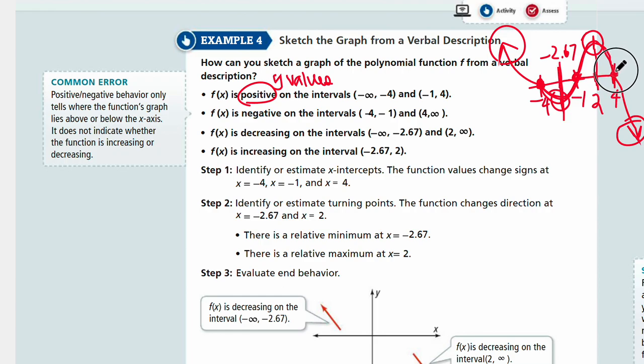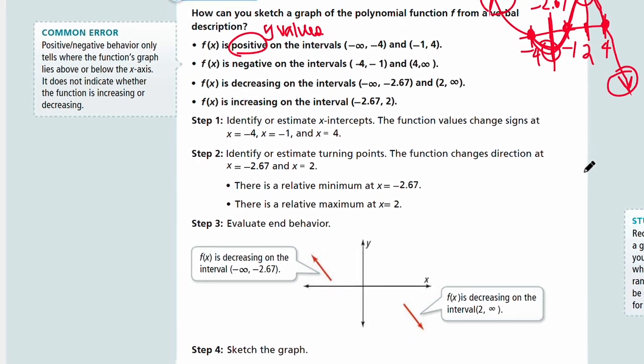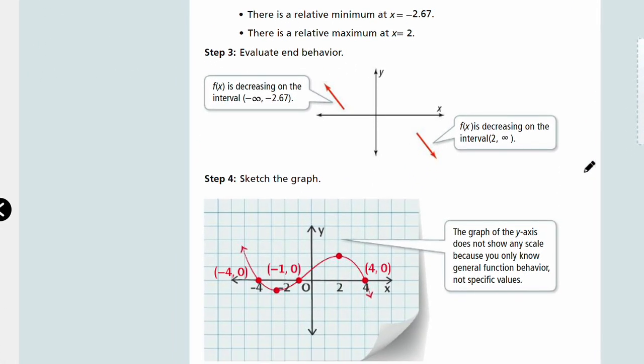We have 3 major x-intercepts, right? At negative 4, negative 1, and positive 4. Then we identify or estimate the turning points at exactly negative 2.67 and 2, which we did. Then we evaluate end behavior, which we already did, and then we sketch the approximate graph. You should label these points so that it's accurate.